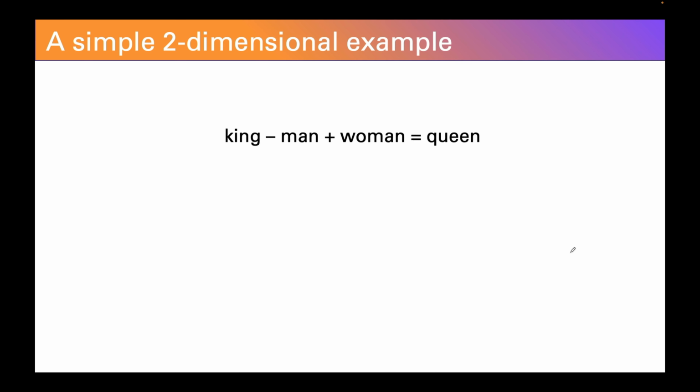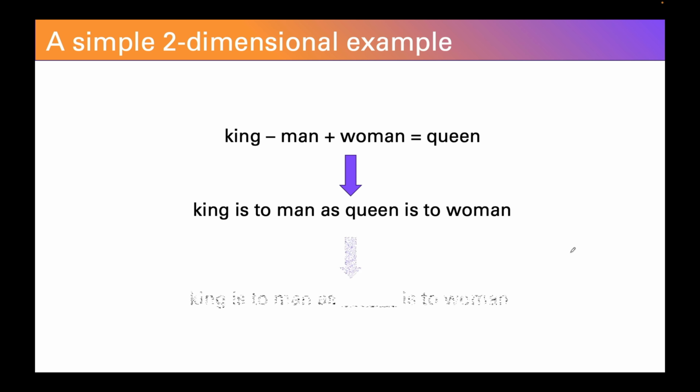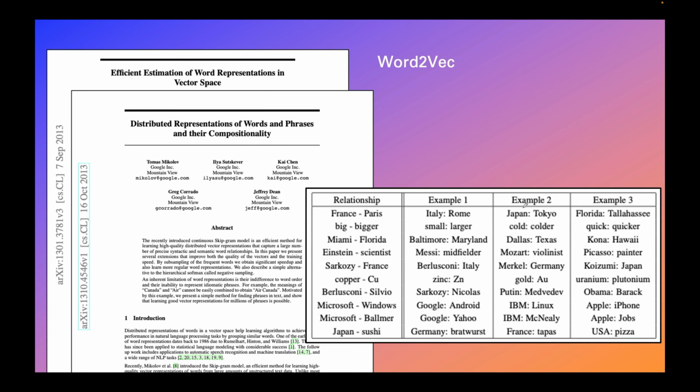This is a very famous result in natural language processing, and we can consider it like an analogy. King is to man as queen is to woman. And we can actually look at this as a fill-in-the-blank problem. King is to man as blank is to woman. It's our first fill-in-the-blank that we can solve with math. This ability to capture word relationships or analogies goes beyond just kings and queens.